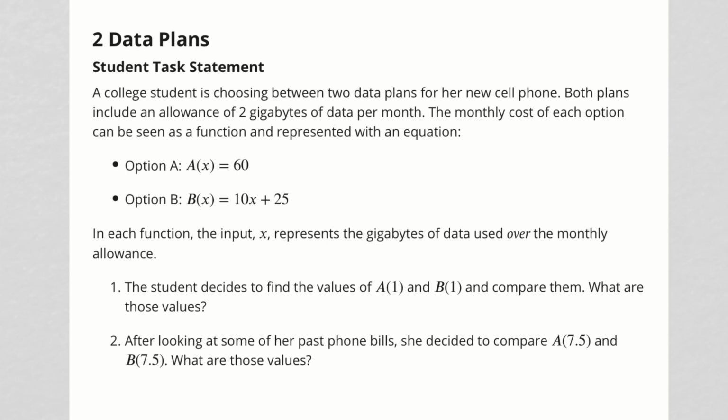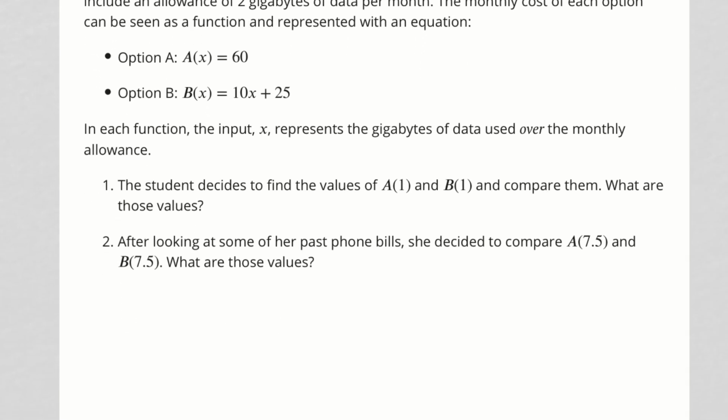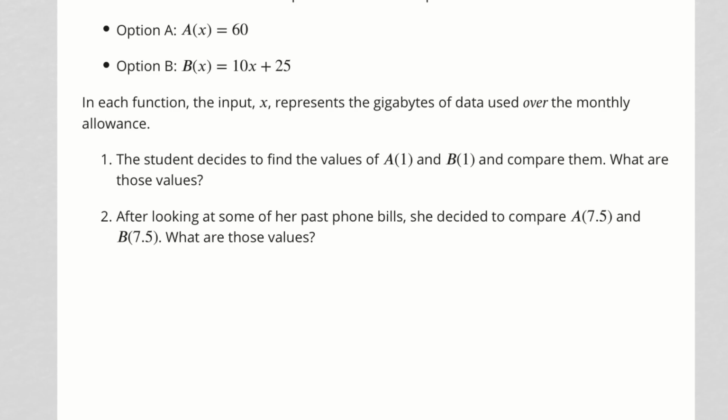The student decides to find the values of A of 1 and B of 1 and compare them. What are those values? I'm going to do option A in blue and option B in red. So if we have A of 1 equals 60, do I have anything else to do for that one? I don't.